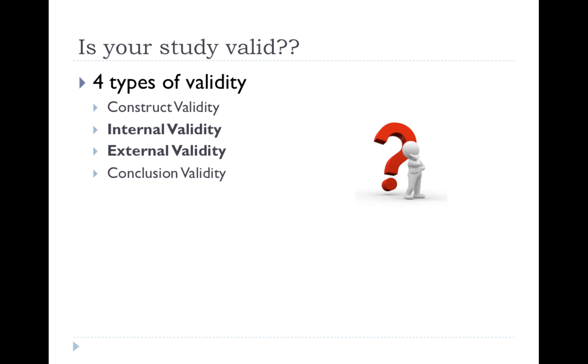So you want to make sure that you balance internal and external validity. You want to have control over your variables because that gives you internal validity. But you also want to make sure that your study is still true to life and it's realistic. So it has external validity.